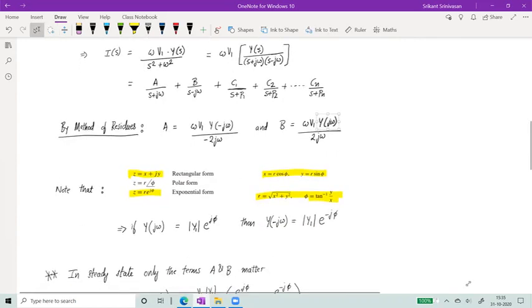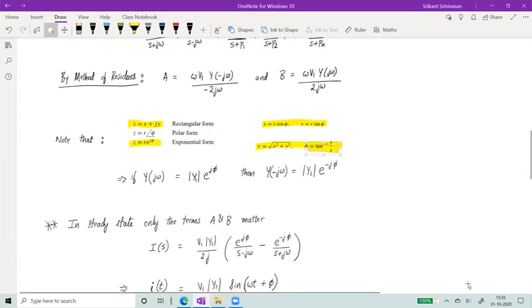To solve this, I'm making use of the identity that any complex number such as Y of minus j omega can be written as some magnitude term into some phase term. The magnitude is the root of x squared plus y squared, and the phase term is tan inverse of y by x. It's just a mathematical transformation. Therefore, I can say that Y of j omega can be written as a magnitude, which I've written as Y1, times e to the power j phi, some magnitude into some phase.